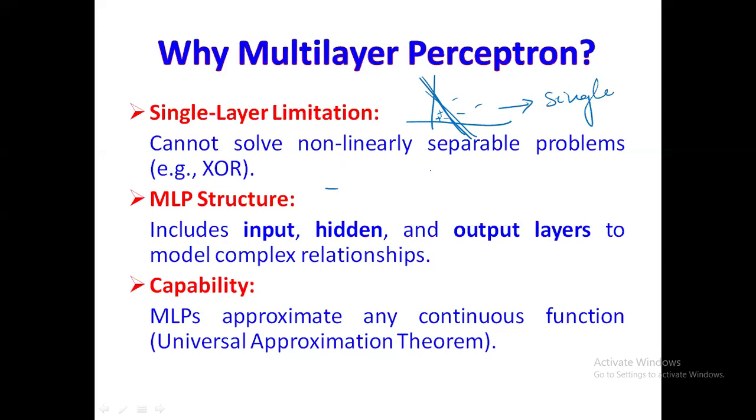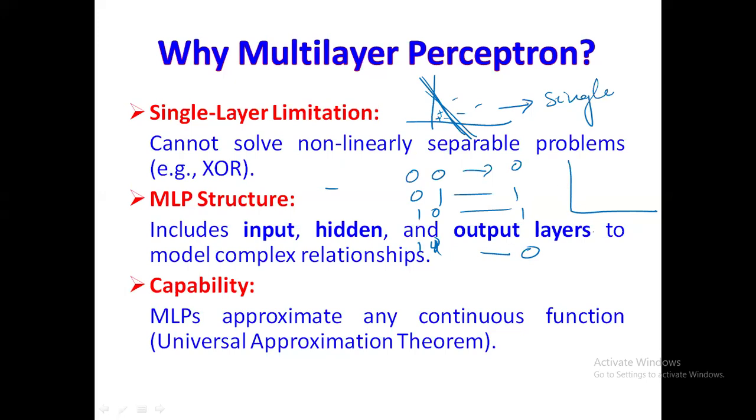As far as the XOR gate is considered, for the inputs 00, 01, 10, 11, we get the output 0 for 00, and for 11 also we get the output equal to 0, and for these two cases we get the output equal to 1.